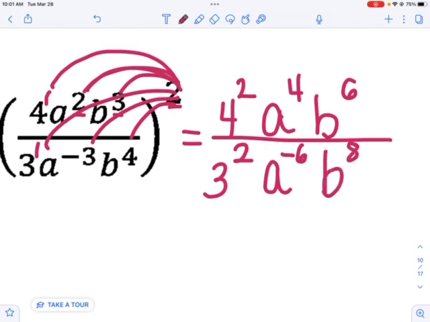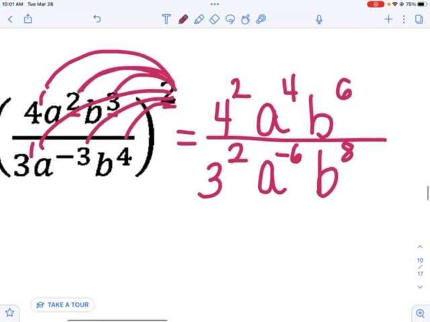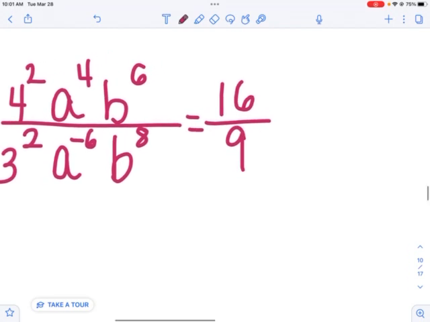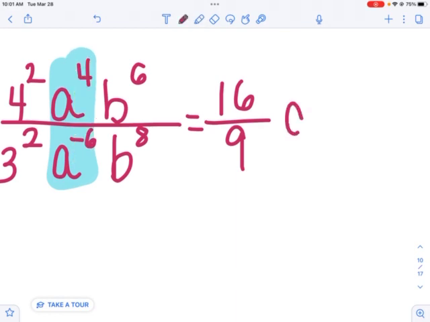So now I have it where I can apply some more rules. So I can evaluate 4 squared is 16 over 3 squared is 9. And then let's look at my like bases. I can have times a to the 4 minus negative 6.